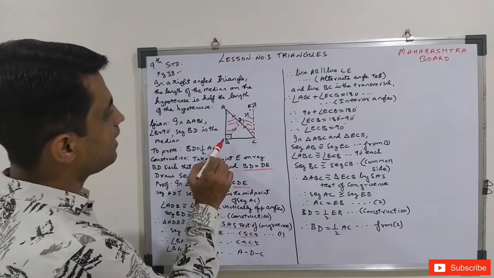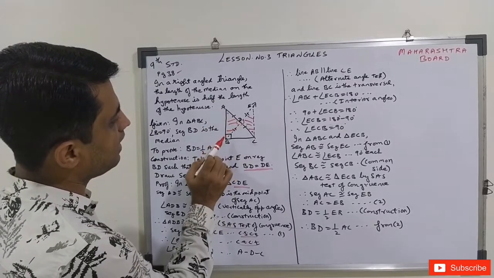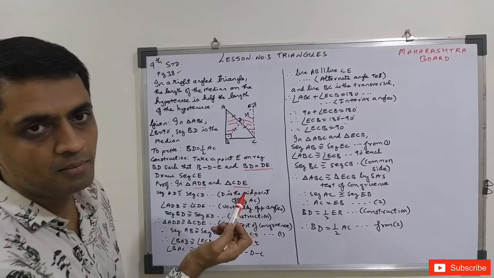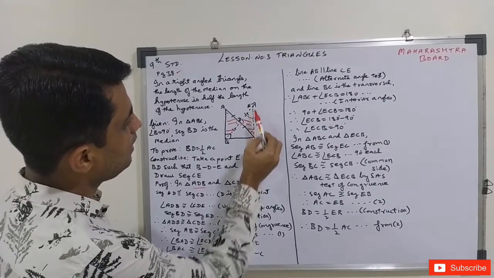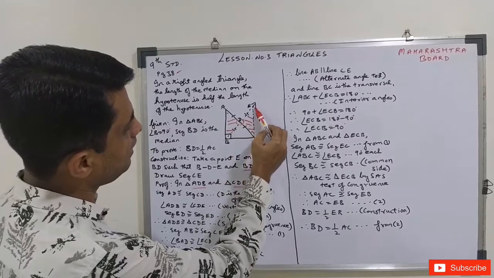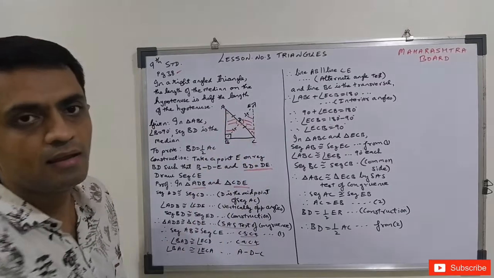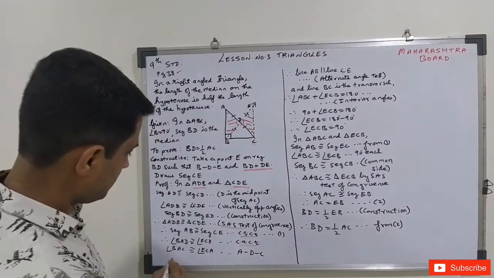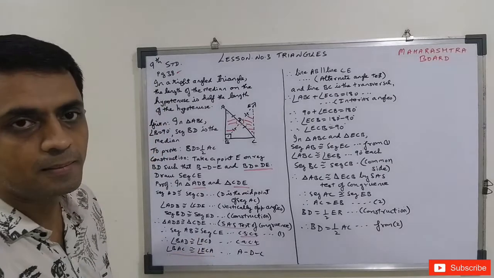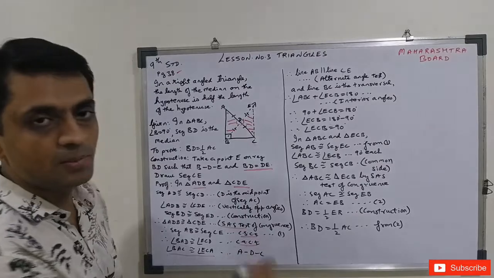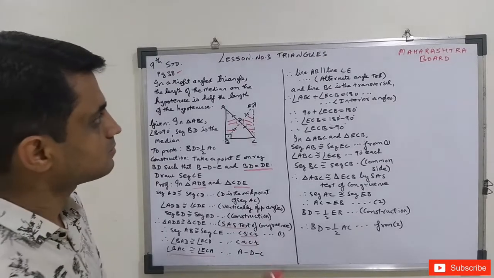Now, instead of writing BAD, we can write BAC, and instead of writing ECD, we can write ECA, because the points are collinear. So BAC is congruent to ECA.